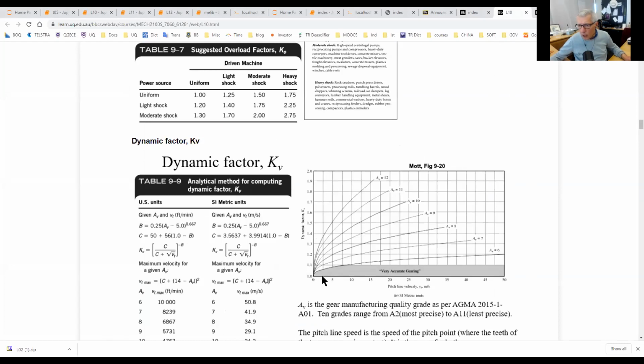So 2.5, and we're going up from here. The first one was A7, which is this. And the second one is A10, which is here.